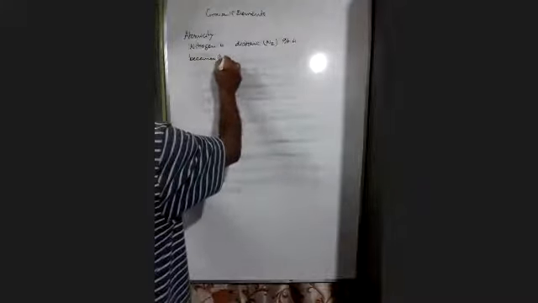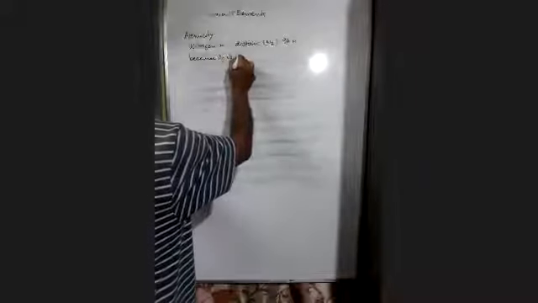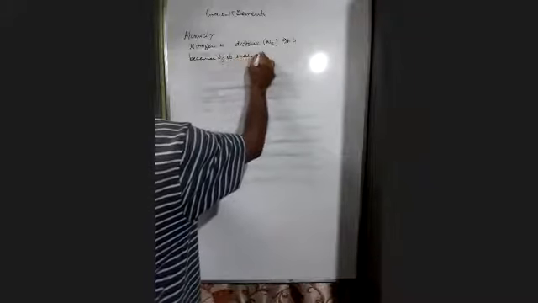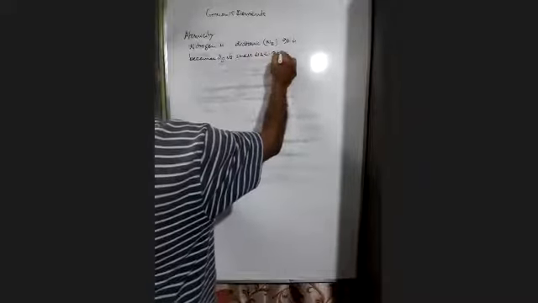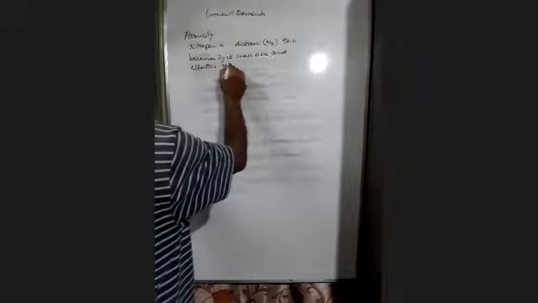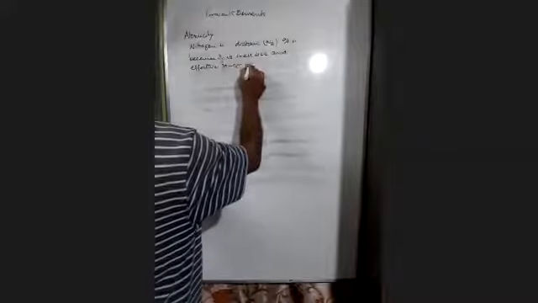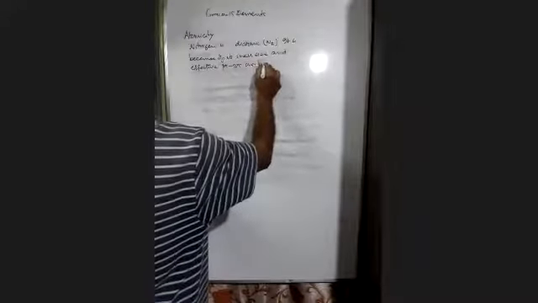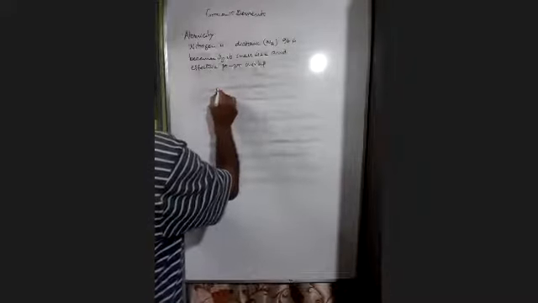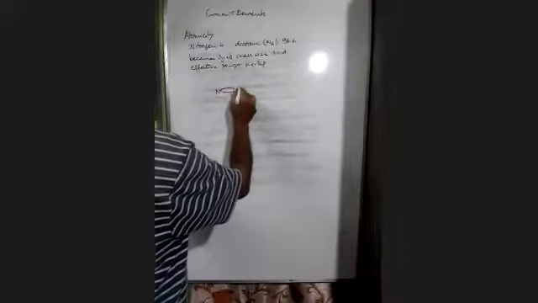It is because of its small size and effective p pi-p pi overlap. Okay, I'll show you. See here. This is a nitrogen atom.